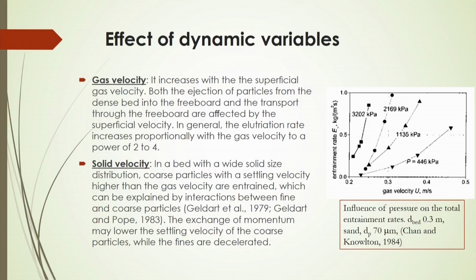If the particles are very coarse, that means a larger size, the settling velocity will be higher than the gas velocity, so those particles will not be entrained at that particular gas velocity.